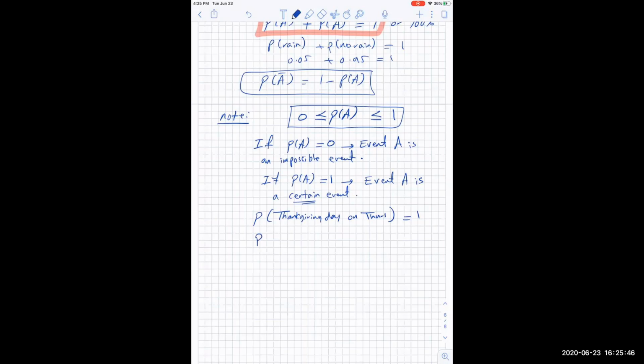What is the probability of an impossible event? Anything, guys, you can think of something impossible.